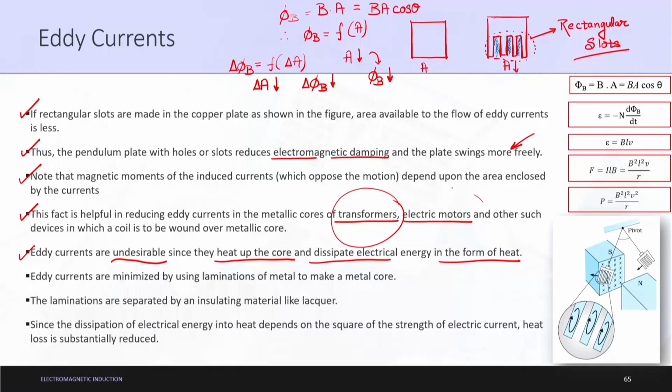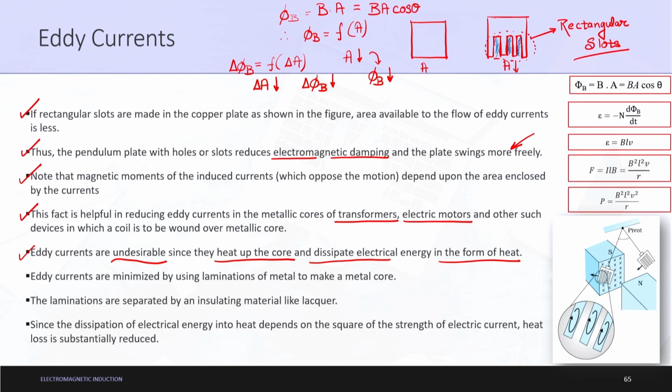In big transformers, this replacement is very hard, it takes time, manpower and money. So, to increase our productivity, we use slots and grooves in our cores.